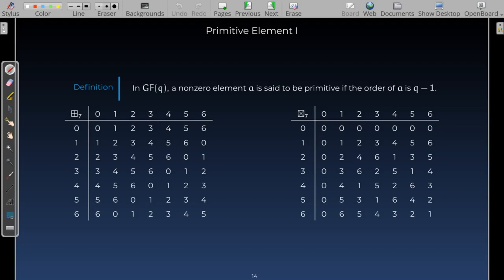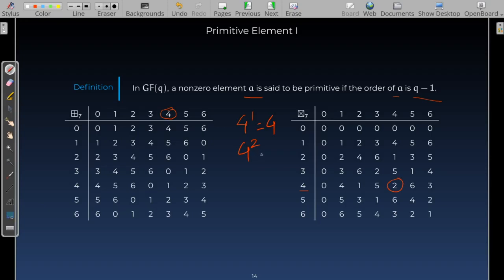Now we are going to move on to the primitive element of a finite field. A non-zero element a is said to be primitive if the order of this element a is equal to q minus 1. Let's consider 4 here, for example. 4 to the power 1 is 4. 4 squared, 4 times 4, is 2.